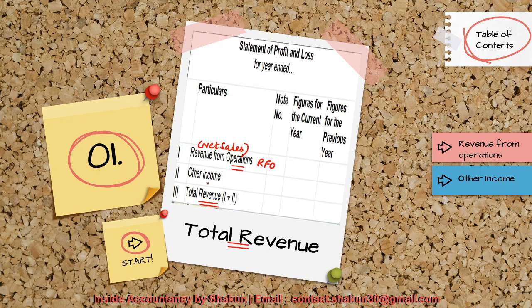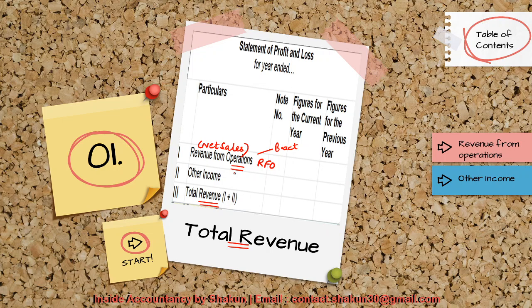Then comes the other income. Now besides earning revenue from operations, companies may also earn some income from other sources. Those sources are not actually related to the business activities. So whatever is related to the business activities comes under revenue from operations, and whatever is not related to the business activities would come under other income in the statement of P&L.